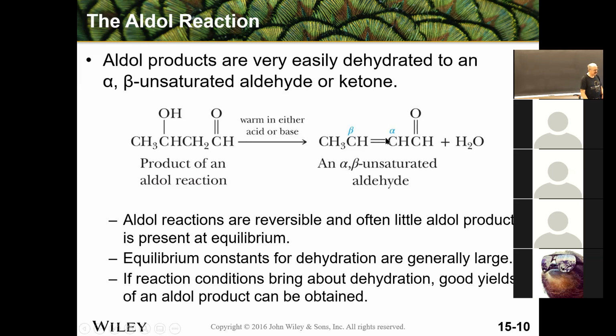The reason this is favorable is this alkene is now conjugated with the carbonyl group, and there's delocalization of electrons, which is favorable. Aldol reactions are reversible, and often little aldol product is present at equilibrium. However, equilibrium constants for the dehydration are generally large.